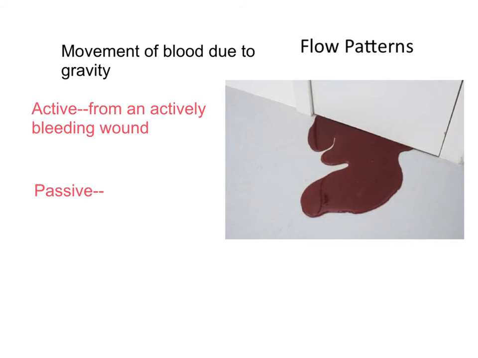So if you just had a pool of blood on a plate or whatever, and you turned it over, then if it hasn't already solidified or dried, it's going to start to flow. That would be passive. So it originates from blood deposited on a surface.